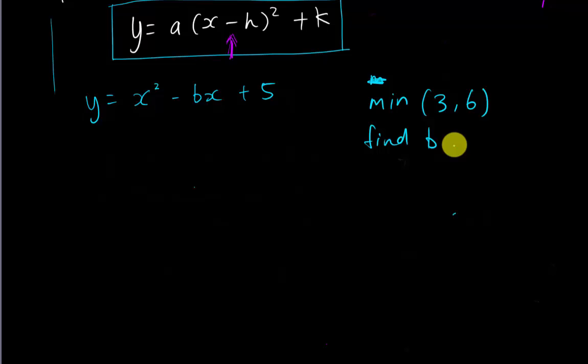First I will do the completing the square. Because b is unknown, it will be a little bit hard. First I copy the first two terms, x squared and negative bx, and then write plus 5 here. In mathematics, when we add something in, we have to minus back the same thing.